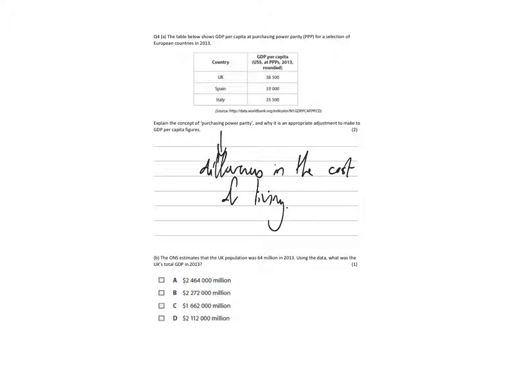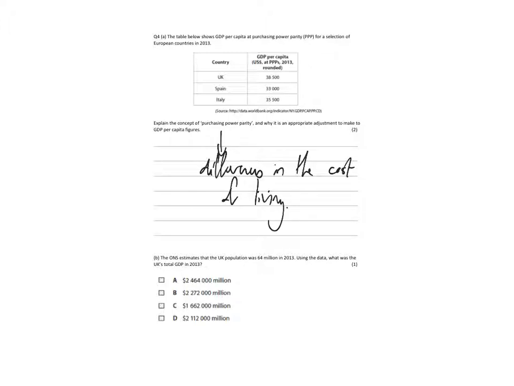So, for example, it may be that with the 3 countries we've got listed here, $1 or the equivalent of $1 in the UK may buy a certain basket of goods, but if $1 were converted into euros in Spain or Italy, it may be that the equivalent value in euros may buy a bigger or smaller basket of goods based on differences in the cost of living.